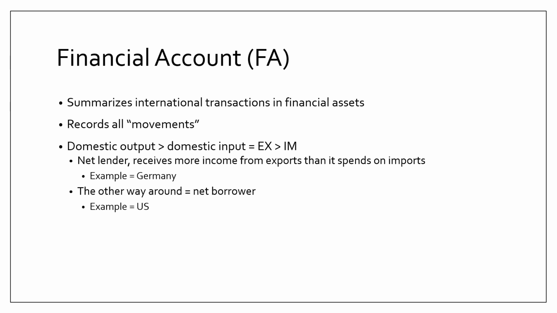The other way around: when domestic output is smaller than domestic expenditure, or exports are smaller than imports, or the trade balance is smaller than zero, and the CA is smaller than zero, the country receives less income from exports than it spends on imports. The country is a net borrower from the rest of the world, for example, the US.